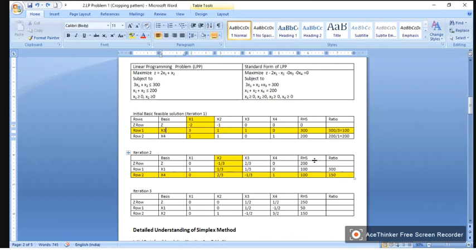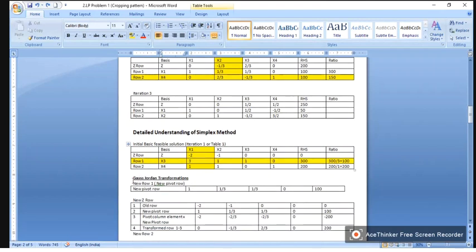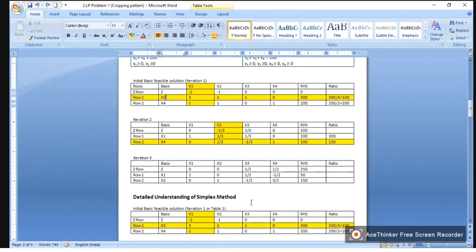We have to adopt Gauss-Jordan transformations to find out the elements in the table. Okay, so we'll come to that Gauss-Jordan transformation later.